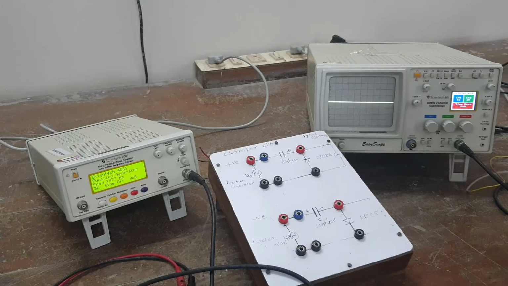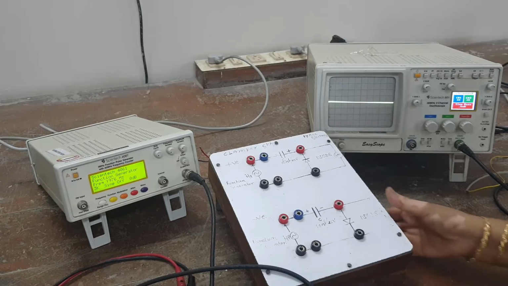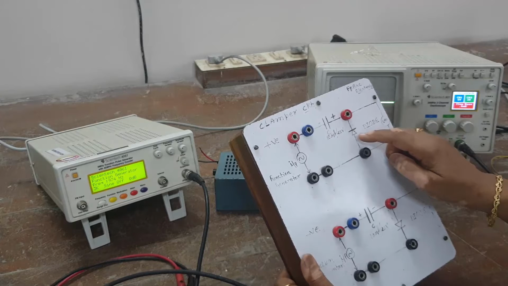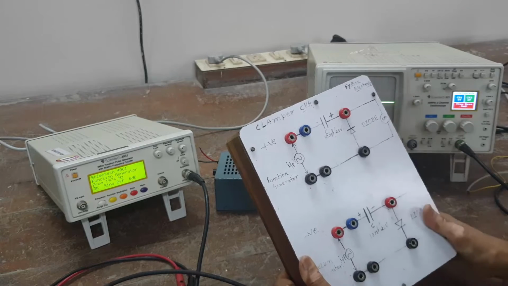In this video, I am going to explain clamper circuit. You know, there are two types of clamper circuits, positive clamper and negative clamper. In this circuit, we have got one capacitor and a diode connected like this.